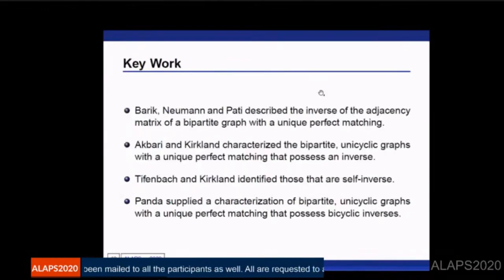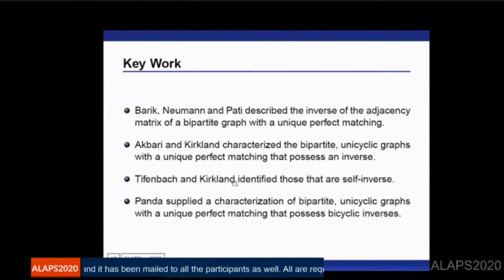Then many researchers worked in that direction, and a few of them are listed here. Barik, Neumann, and Pati described the inverse of the adjacency matrix of bipartite graphs with unique perfect matching. Then Akbari and Kirkland characterized bipartite unicyclic graphs with unique perfect matching which possess an inverse.